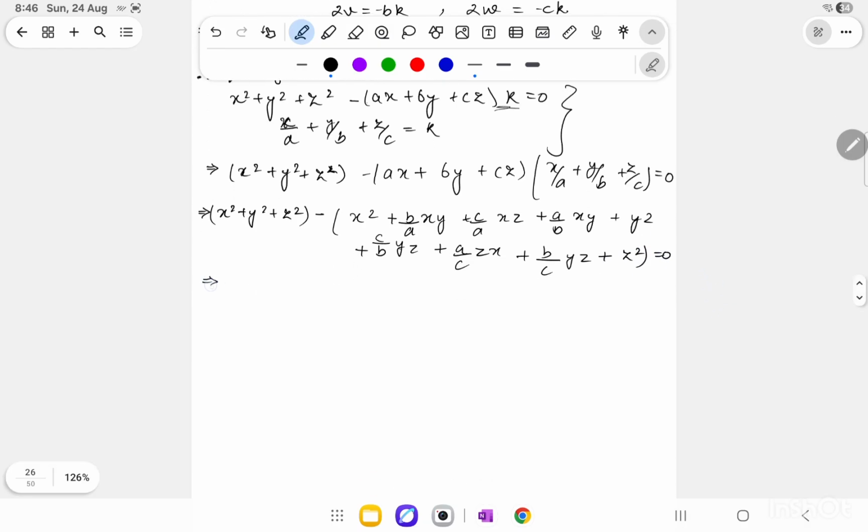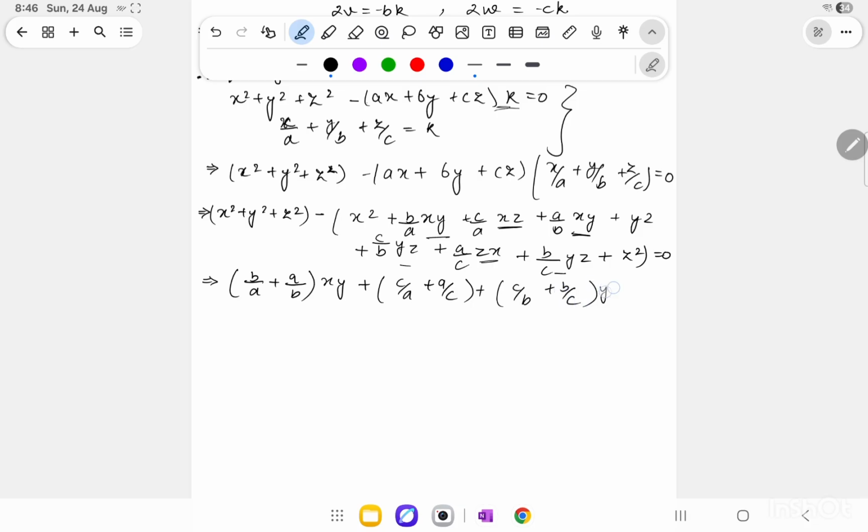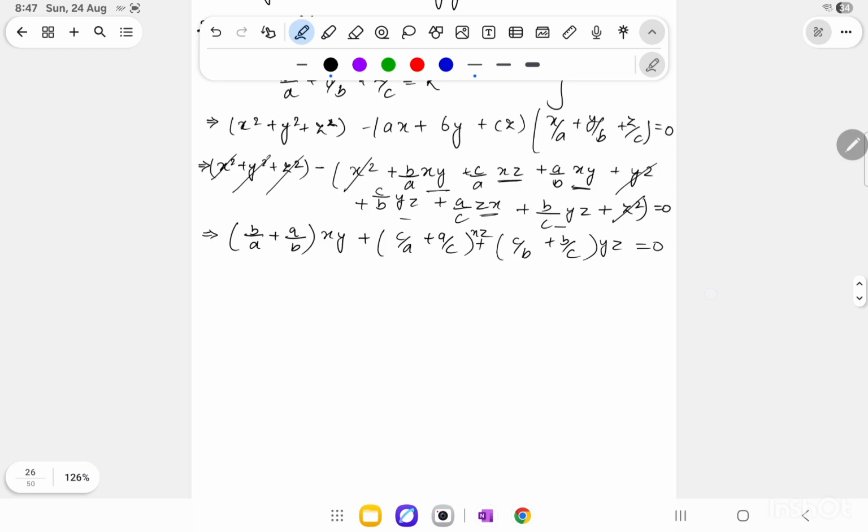If we simplify it further, we get b by a plus a by b into xy. We have combined the coefficients of similar variables, and likewise for xz we get c by a plus a by c, and for yz we get c by b plus b by c into yz equals 0. The y square balances out, likewise the z square, and x square balances the minus x square there.